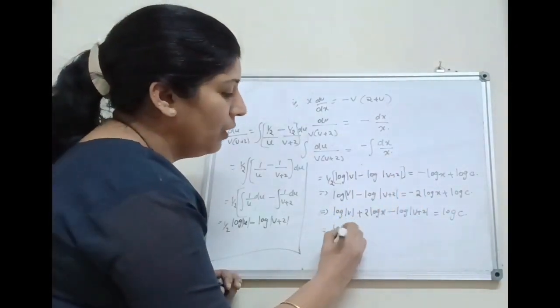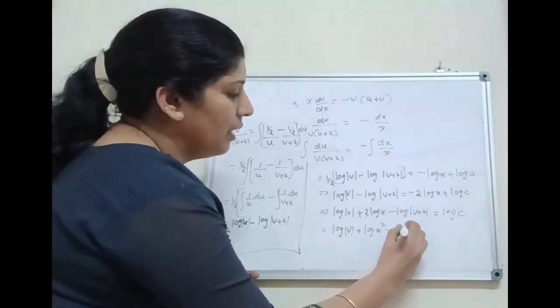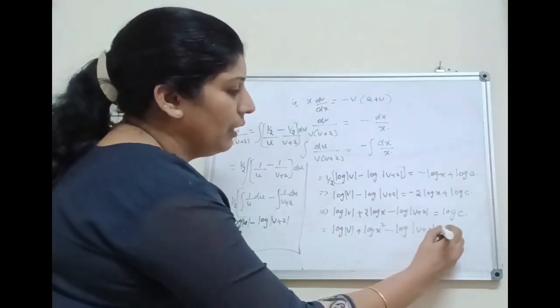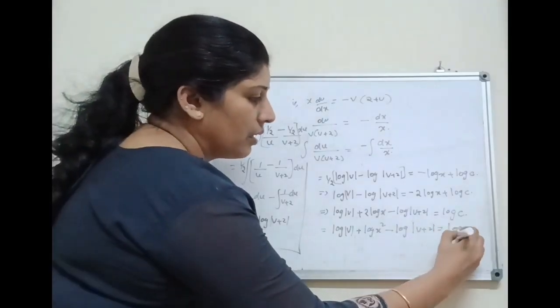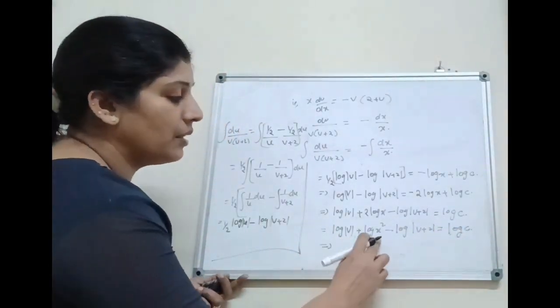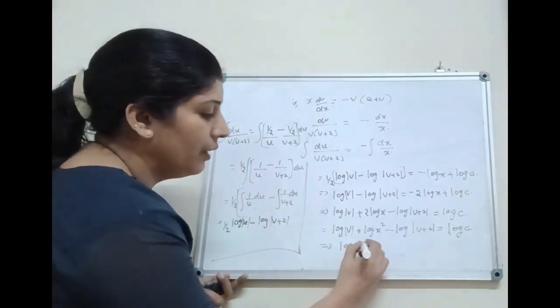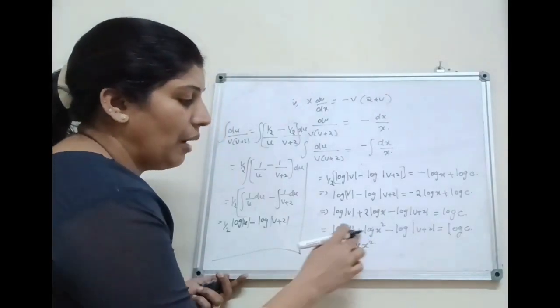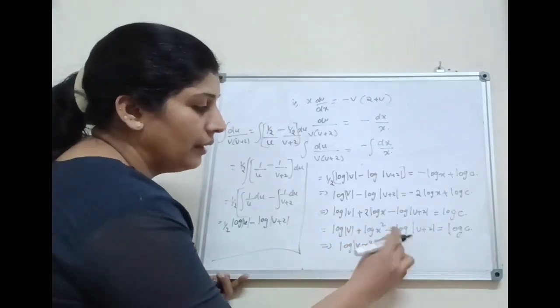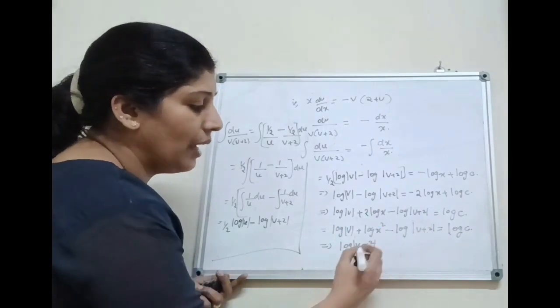Therefore, it is equal to log v plus log x square minus log v plus 2 equal to log c. That implies log v plus log x square, that is log v x square, since log a plus log b is log ab. Then minus log v plus 2, that is log a minus log b, that is log a by b.